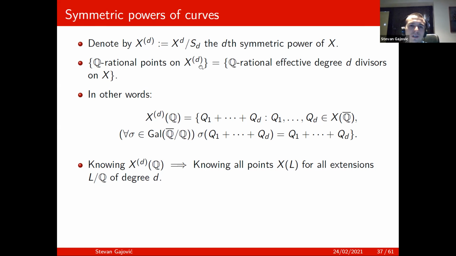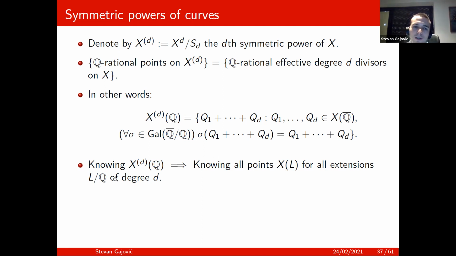So these are points on X^(d), and explicitly the points on X^(d) are exactly sums of d points which are not in Q, but the sum is fixed by all elements of the Galois group of Q. If we can determine the rational points of degree d on some curve X, it means that we know all points of X(L) for all degree d extensions.